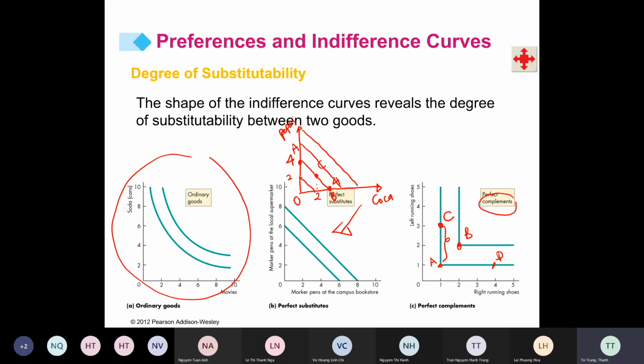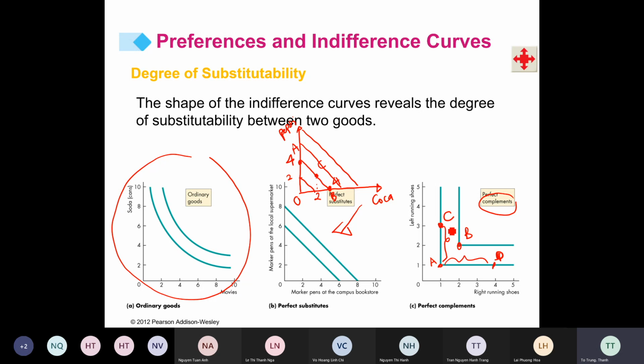Or let's say point D, when I have one left shoe and four right shoes. Actually I have only one pair of shoes to consume, right? And the three remaining right shoes are redundant.